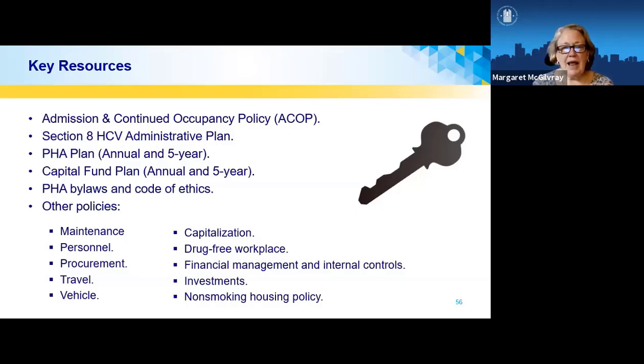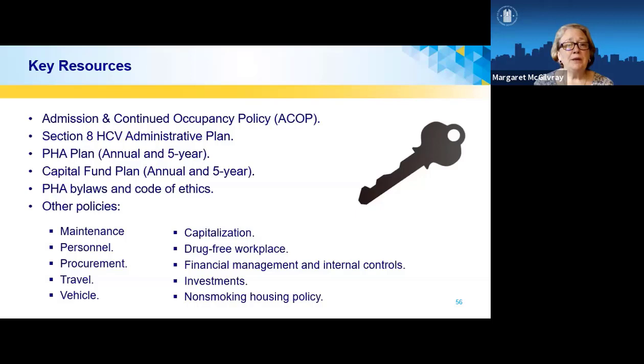But having the admissions and continuous occupancy policy and the HCV admin plan, those are enormous, voluminous documents and are really the Bibles to those two programs. And you take a look at them usually annually.